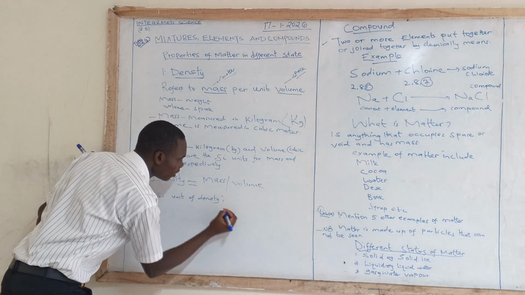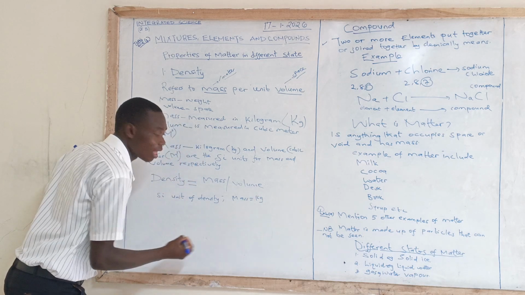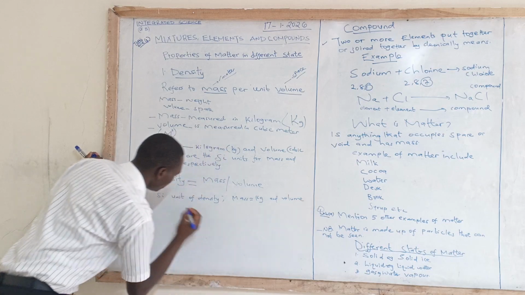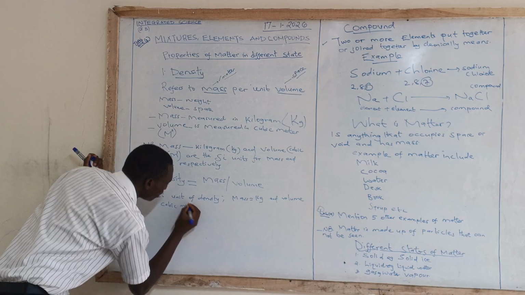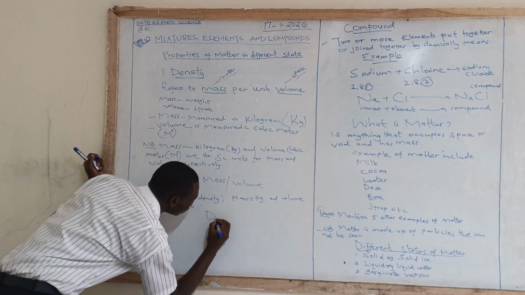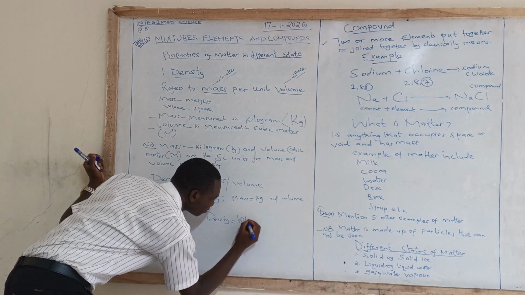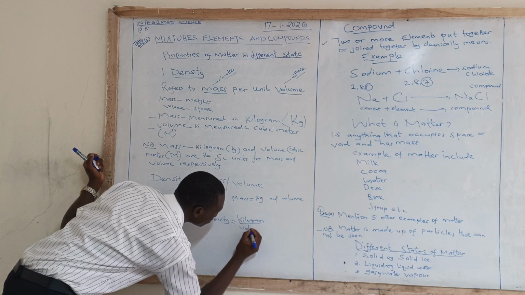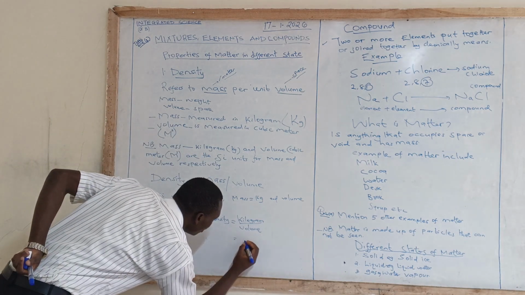So whenever you ask the SI unit of density, what will you say? We've known that for mass, it is kilogram, and for volume, it is cubic meter. Therefore, density will be equal to kilogram all over volume.